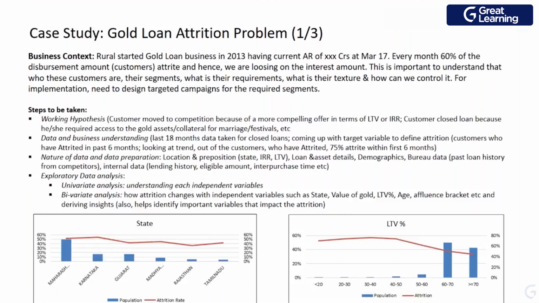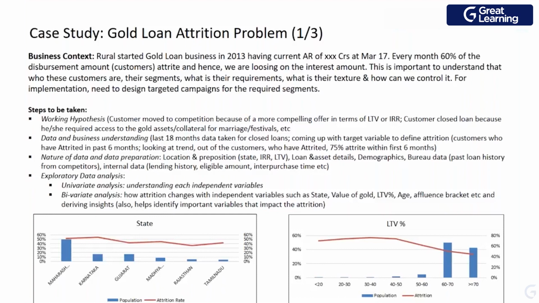If you give a very low loan to value to a person, then definitely that person is going to attrite more, versus if you give them 60 to 70% of their loan to value, then definitely the person is going to stay longer with you.